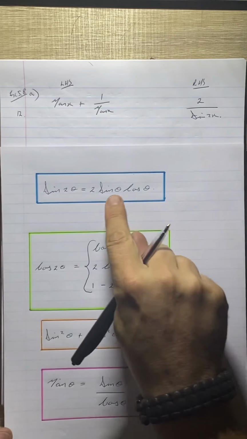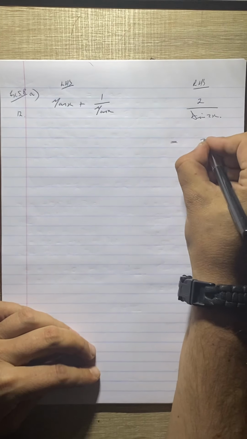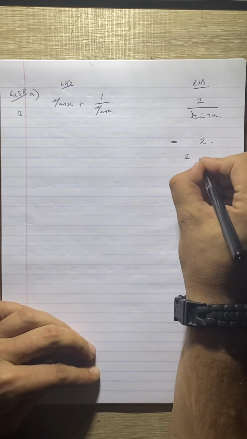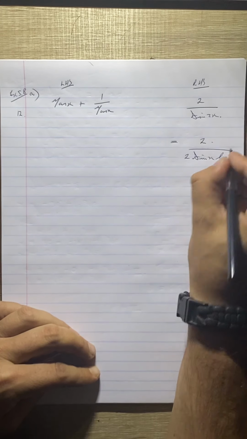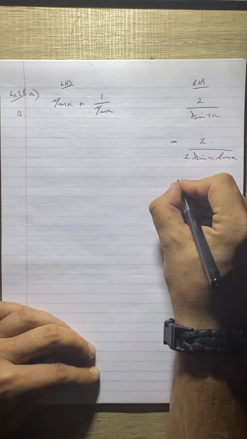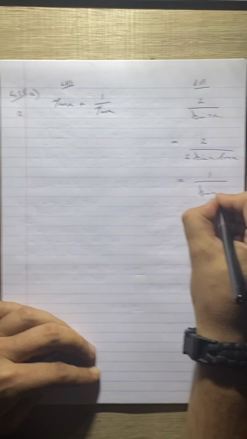And you guys know that it can only be one thing, so I'm just going to expand it to that. So this becomes 2 over 2 sine x cos x. The 2's will cancel and we are left with 1 over sine x cos x. All right, so that's what I'm going to try and get the left-hand side to be.